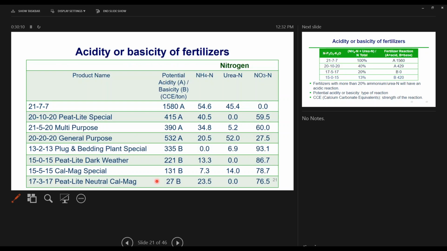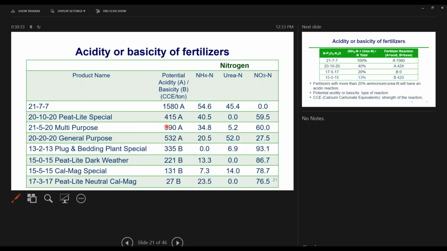So an easy way to look at acidity or basicity of fertilizers is that most fertilizer companies and most greenhouse distributors try to make it very easy for growers to select a fertilizer based on their water quality. So you can pay attention to the letter of that reaction of that fertilizer, and that will give you a good indication.